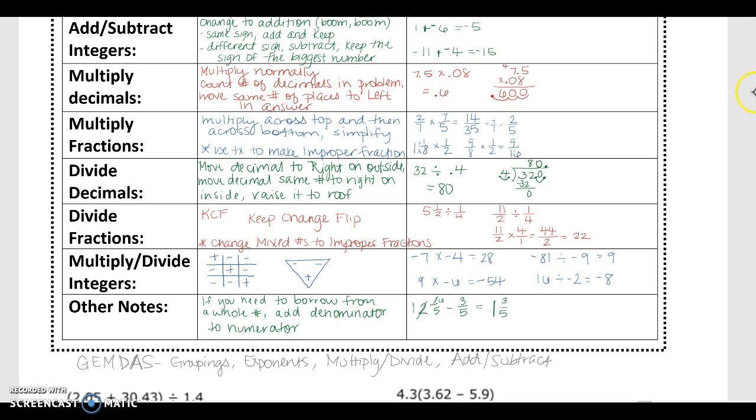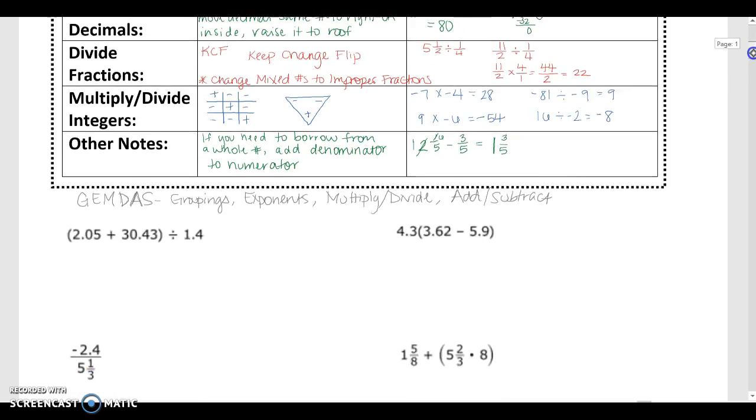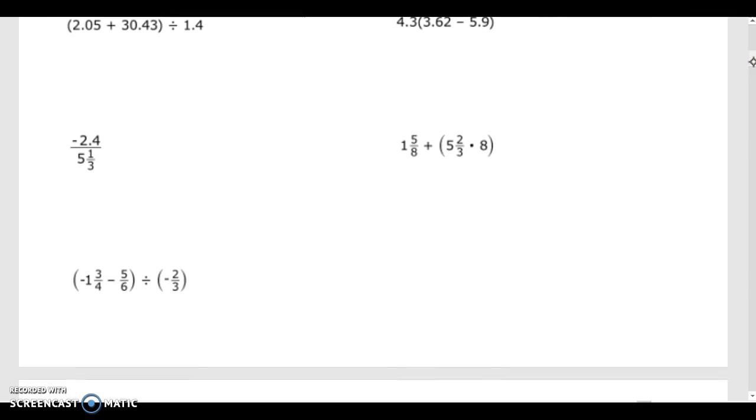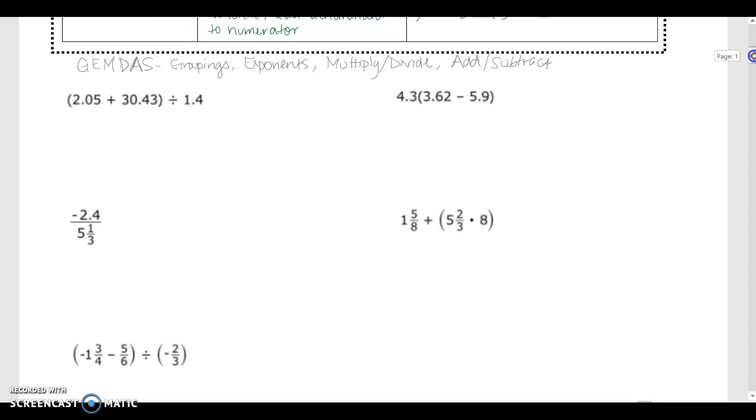So now that we have all of our notes done, I'm going to help you get started on your practice problems. Okay? So this first one here, it has a grouping, right? It has parentheses. So we know with GEMDOS we need to do our groupings first. So you're going to do what's in the parentheses first.